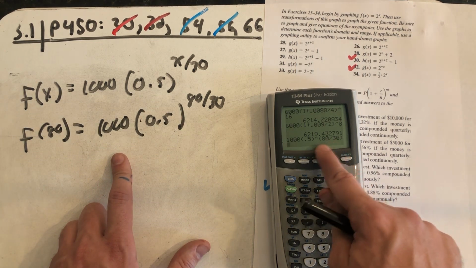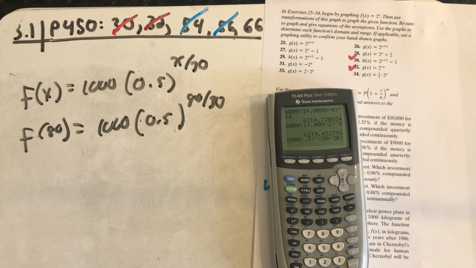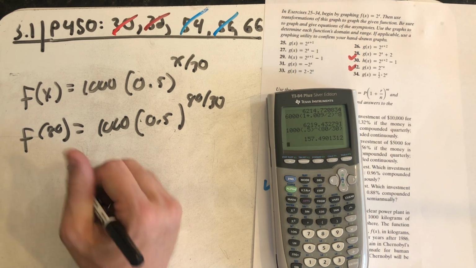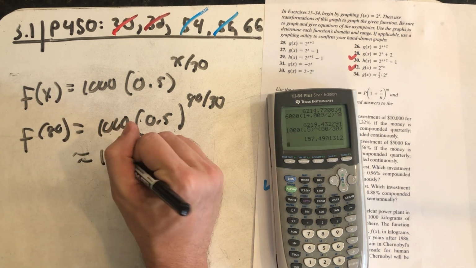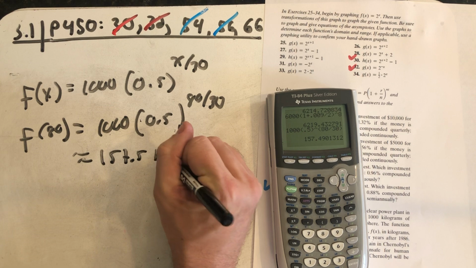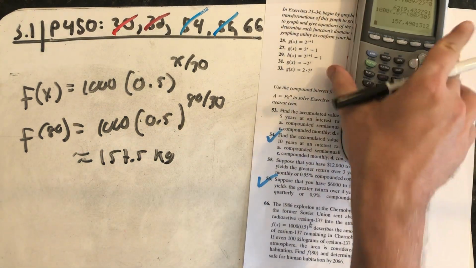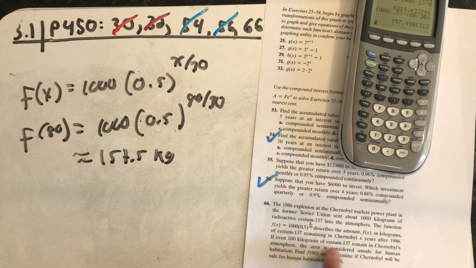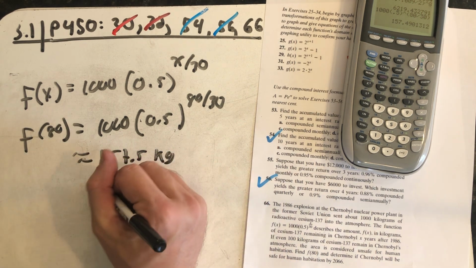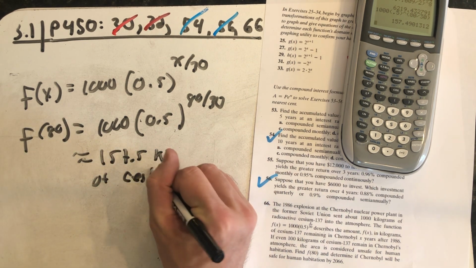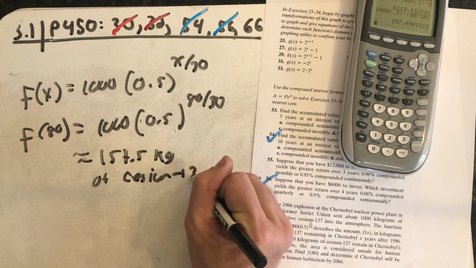I probably usually just write 8 over 3 there in the exponent, reduce the fraction, but we can key in exactly what was given to us. And we get that there's about 157.5 kilograms. Make sure they got the units right here. Kilograms of cesium-137.